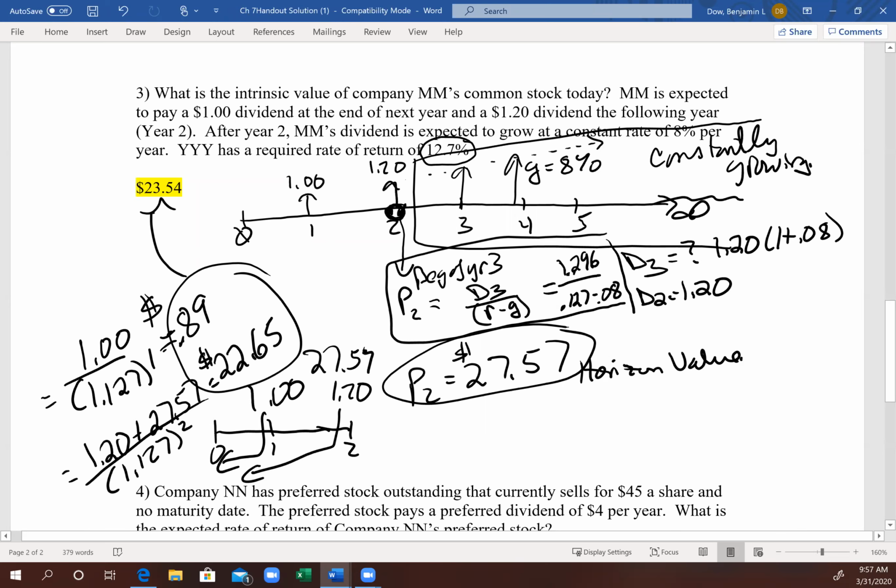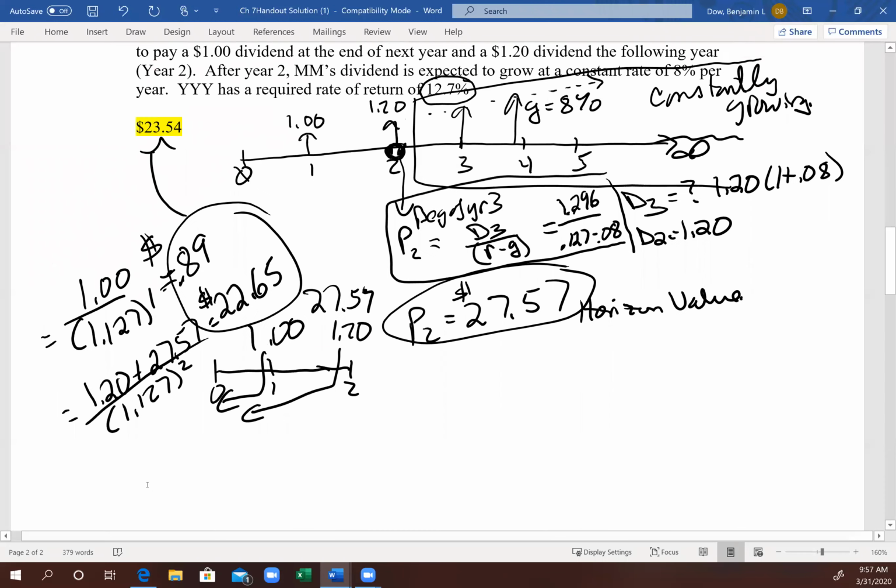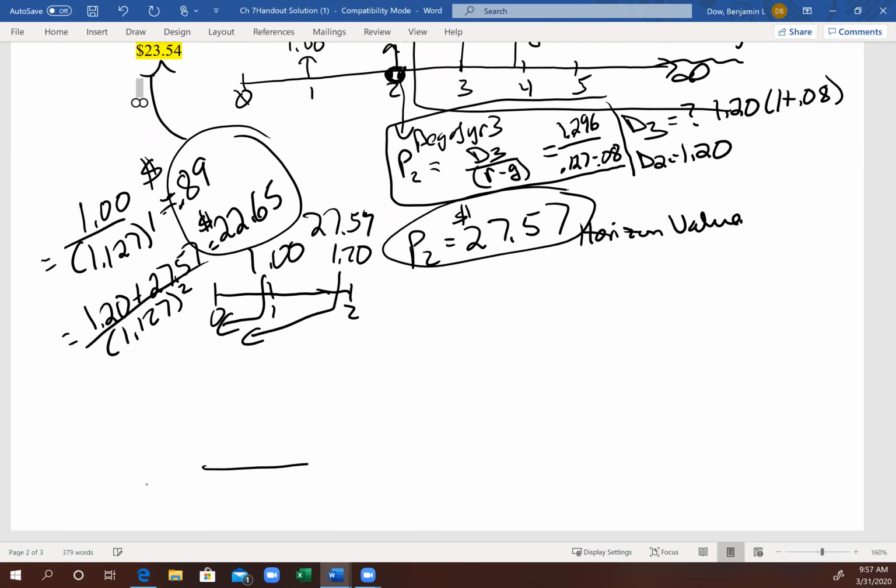Let me clean this up a little bit. So what we really had was we found that we were getting $1 dividend 1 year from now, $1.20 in dividends 2 years from now, and we found our horizon value to be 27.57.